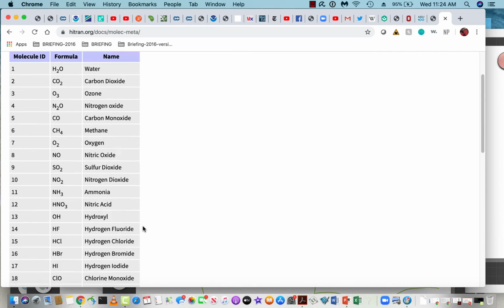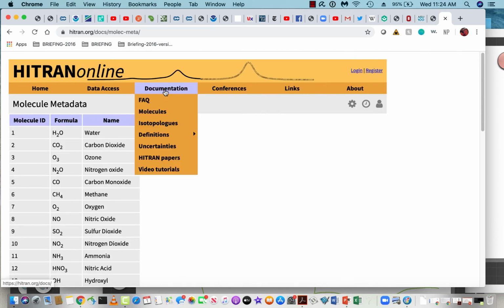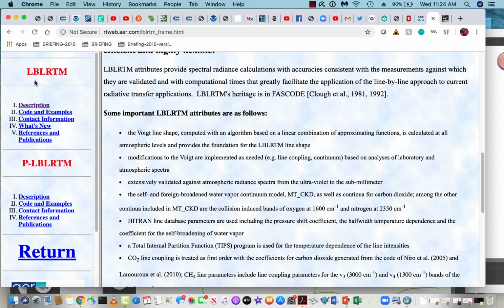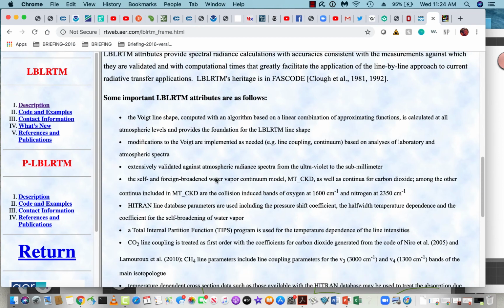And for all of these compounds and all the different isotopes, it'll give you the parameters that you need to calculate your own spectrum. So the line-by-line RTM model uses some HITRAN information, and then, I mean, here you go. HITRAN line database parameters are used, and so on.